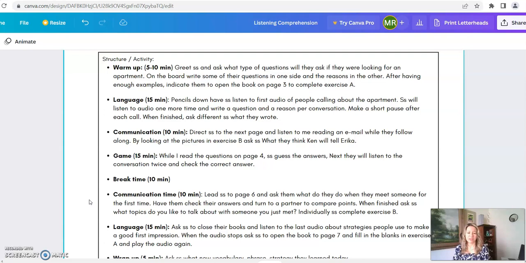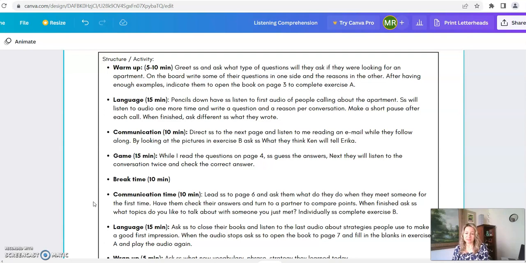Next, we have the communication. It's going to take 10 minutes. It says direct students to the next page and listen to me reading an email while they follow along with their fingers. By looking at the pictures in exercise B, ask students what they think Ken will tell Erica.